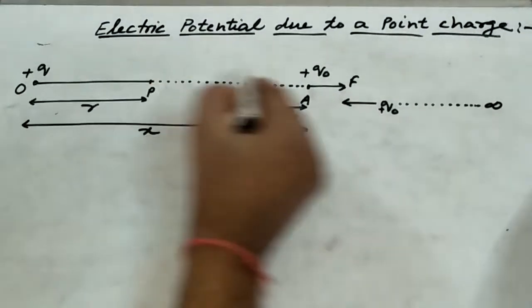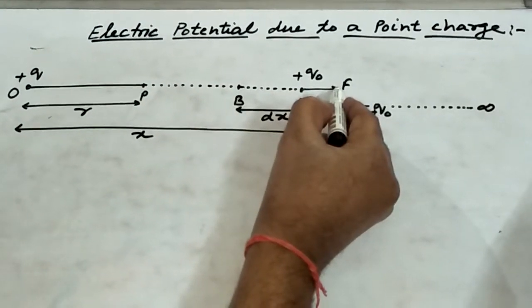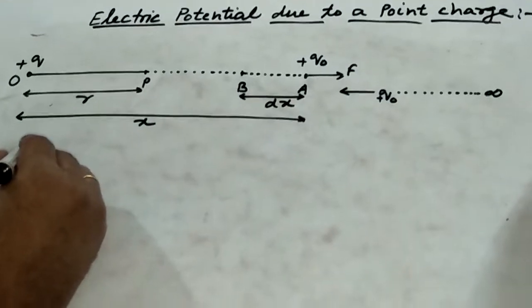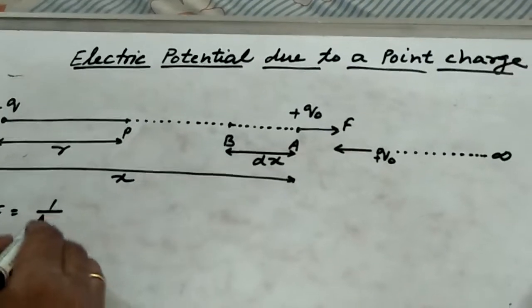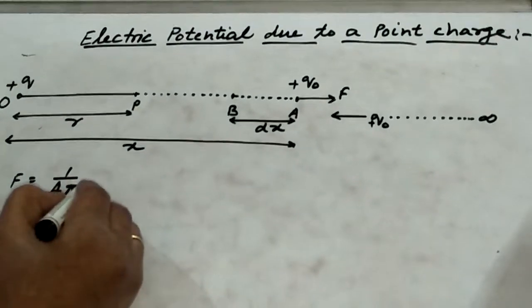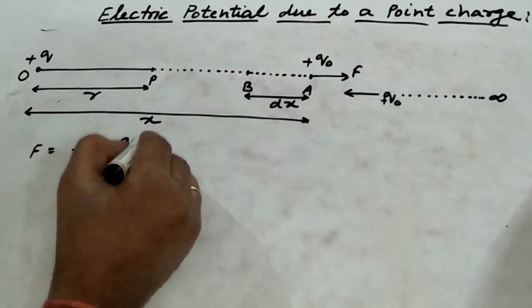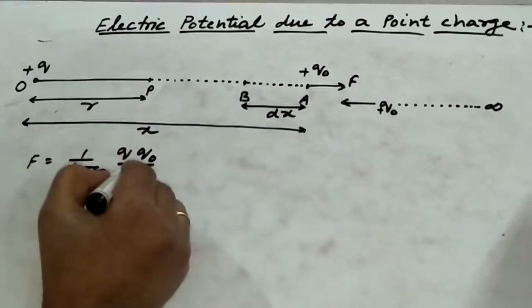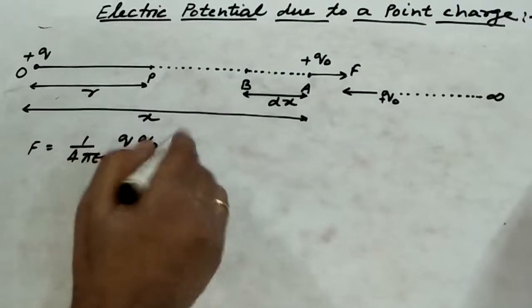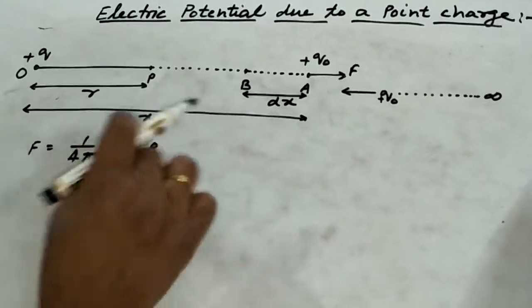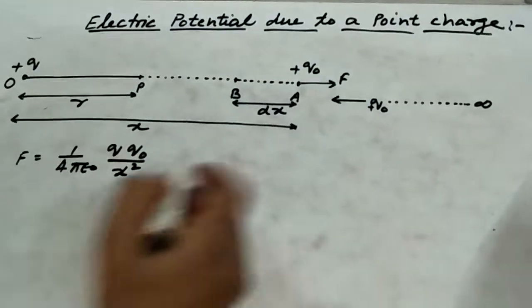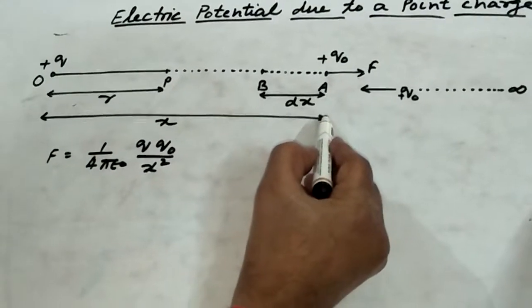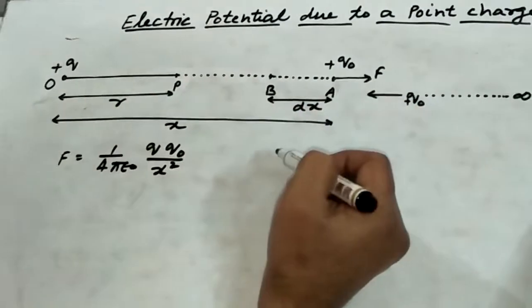This charge applies a repulsive force on charge Q0, and that repulsive force F is equal to 1/(4πε0) Q Q0/x². This distance is x, and this force is repulsive.